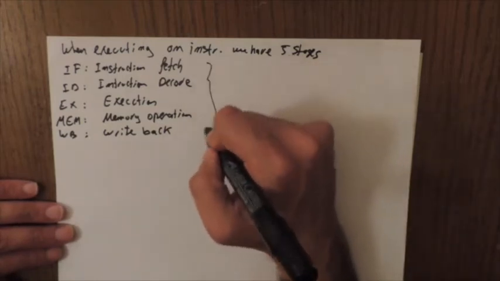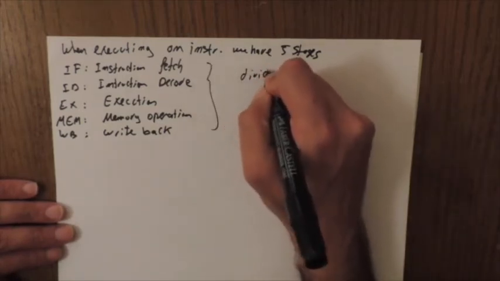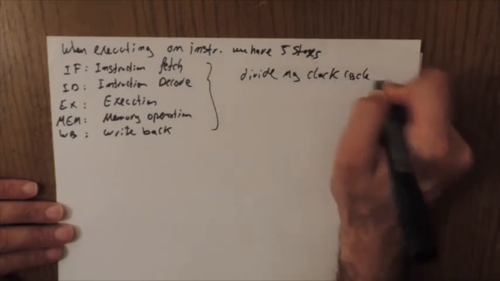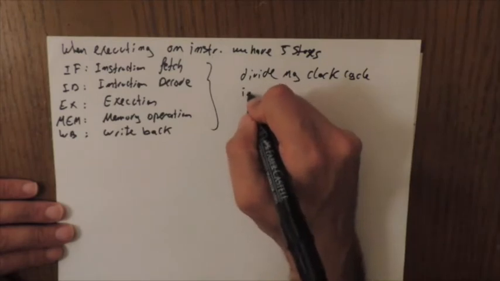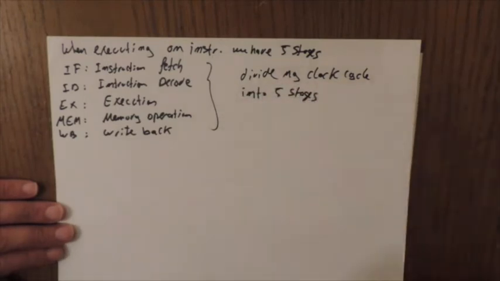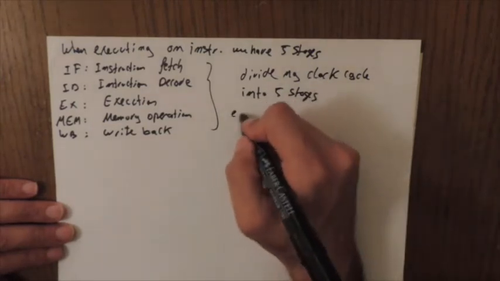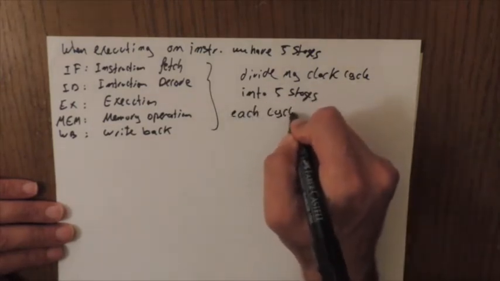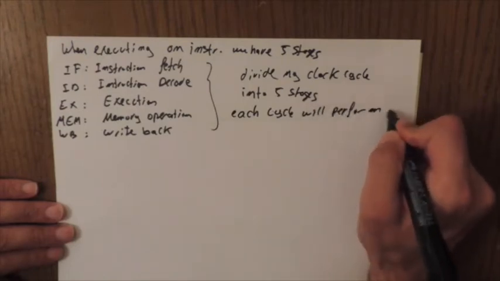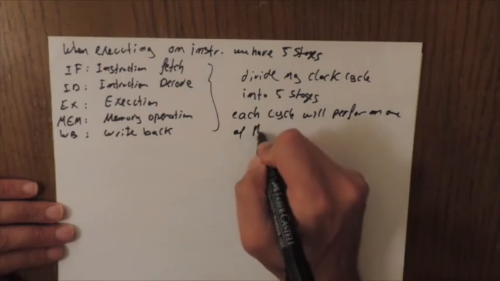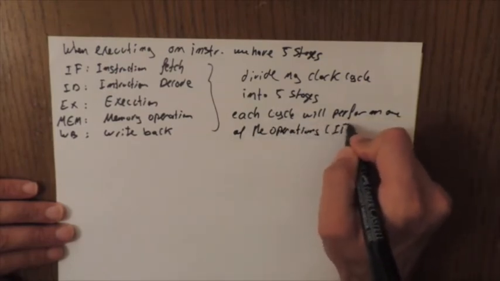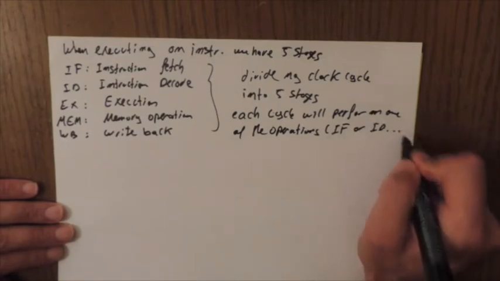The idea here is to divide the clock cycle that I use for the single cycle into 5 stages. So in this case, each cycle will perform one of the operations, whether IF or ID and so forth.